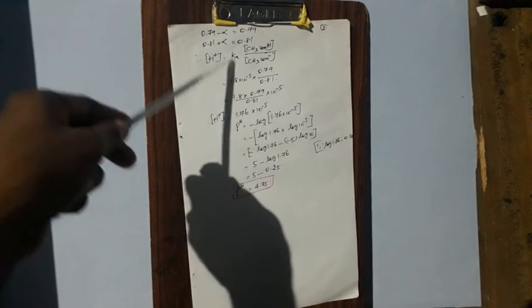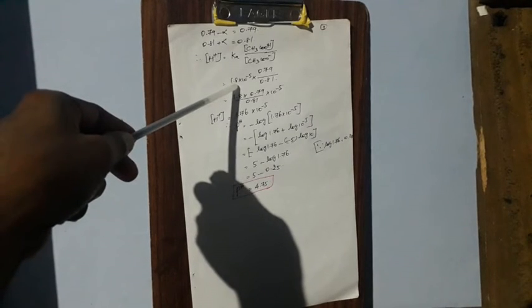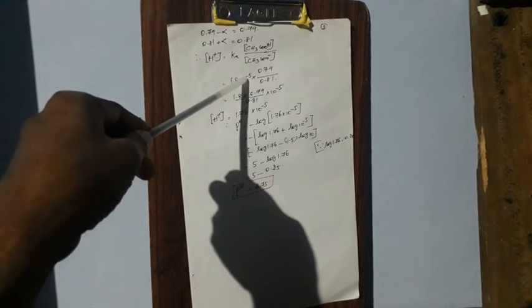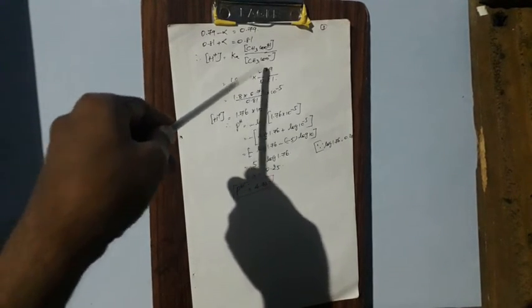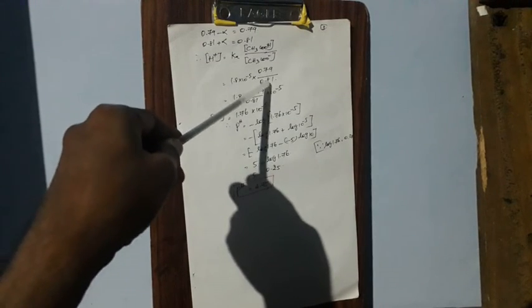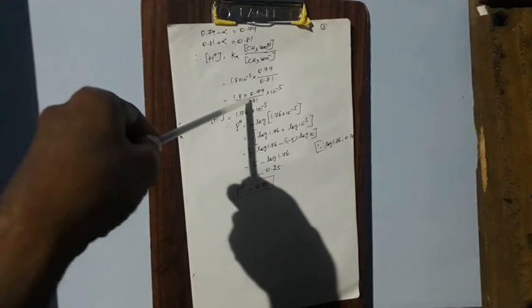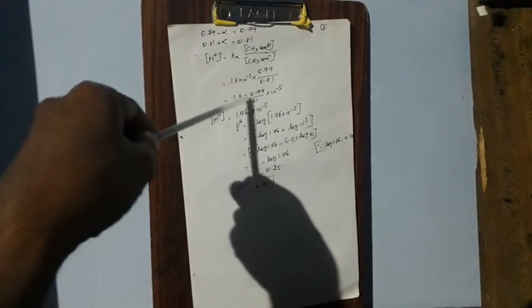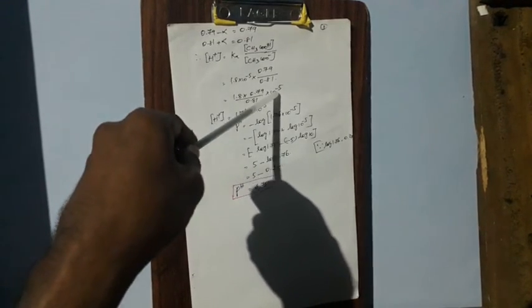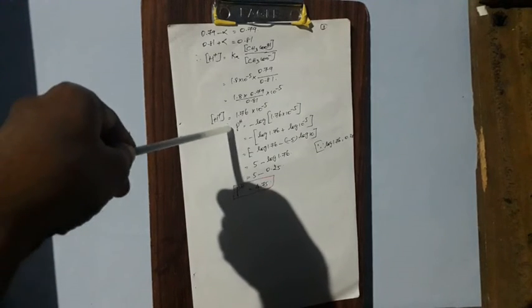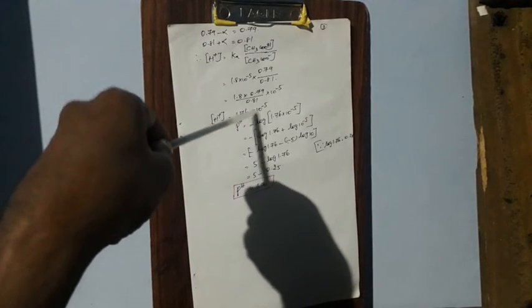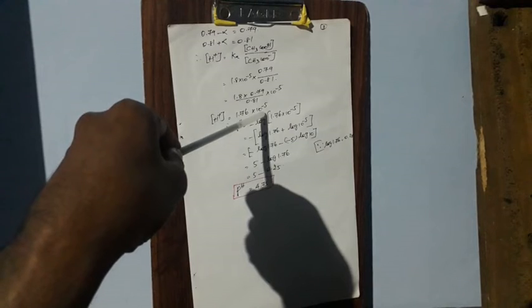Substituting the Ka value, 1.8 into 10 to the power of minus 5 into 0.79 divided by 0.81. So H plus is equal to 1.76 into 10 to the power of minus 5.